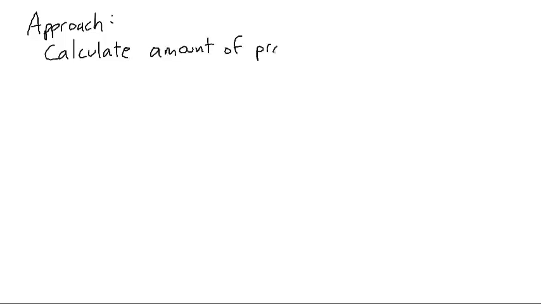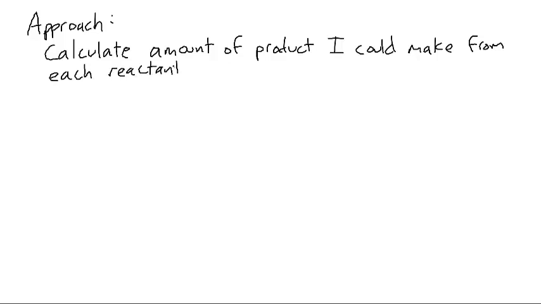So my approach would be to calculate the amount of product I could make from each reactant individually. And then choose the smaller answer.